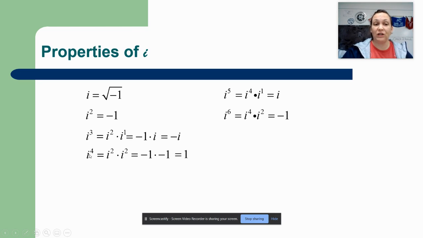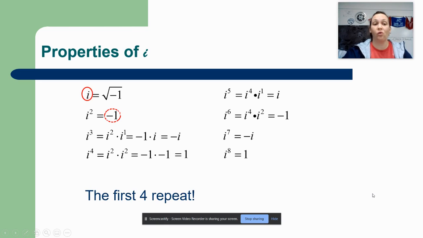For 7, I'm going to do 4 and 3, which will essentially just be the same as what i to the third was, because 1 times anything stays the same. And for 8, I'm going to do 4 plus 4, right? So i to the fourth times i to the fourth, that's 1 times 1, that's just 1. And this pattern of the first 4 answers that we got repeats forever.